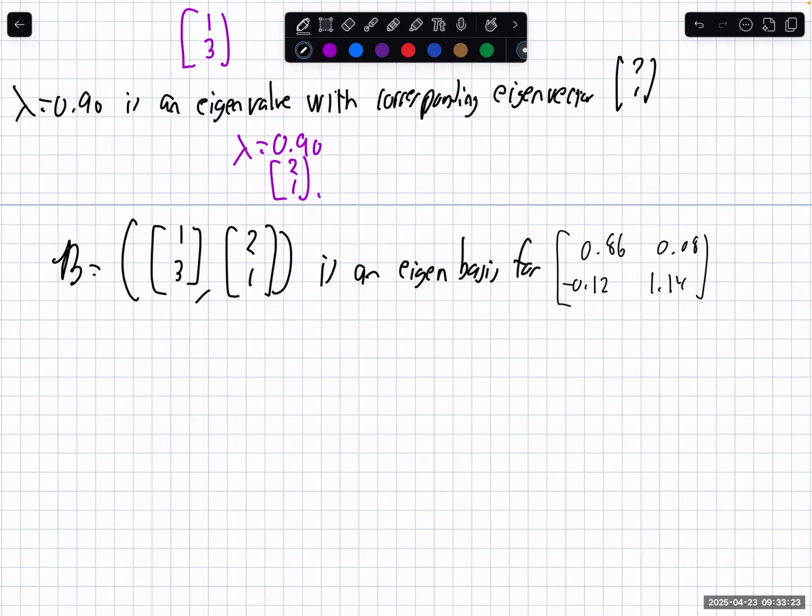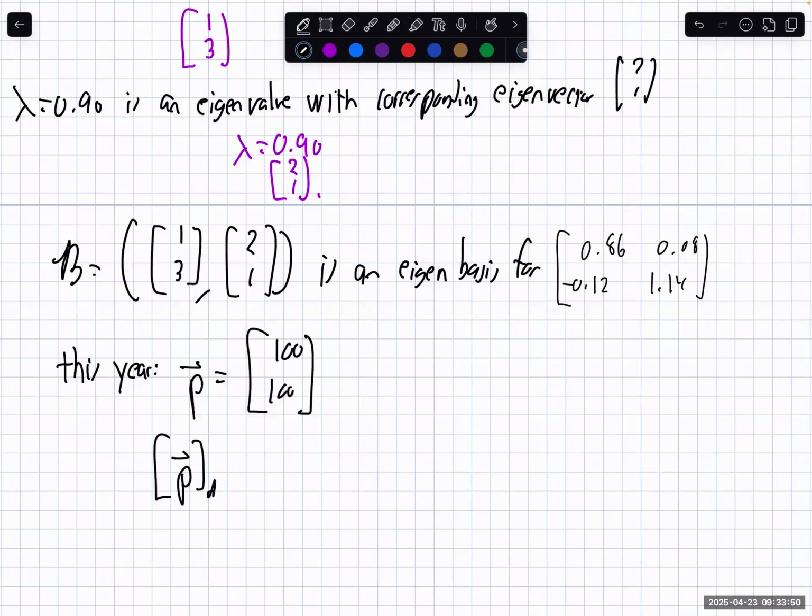Yeah, so let's do it this way. Okay, so this year, my population vector is 100, 100. And then remember what I did earlier.